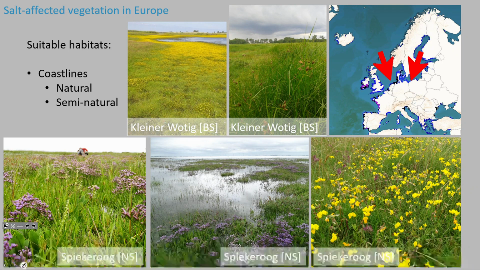Then I want to show you some more examples from the southwestern edge of the Baltic Sea and from the North Sea. In the upper pictures here, we see again these diverse patches of quite high stands with Bolboschoenus maritimus, and then quite low, short grassland swards in the upper littoral zone in both pictures.